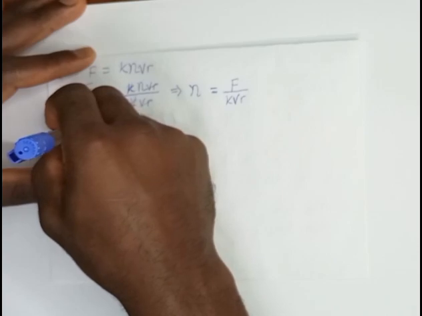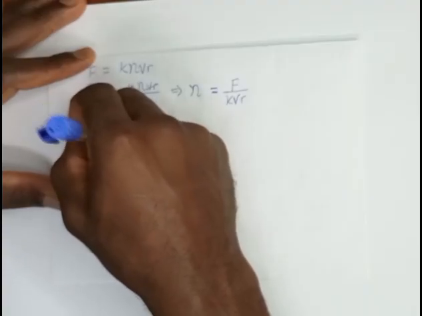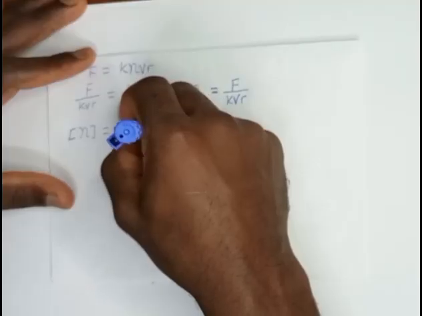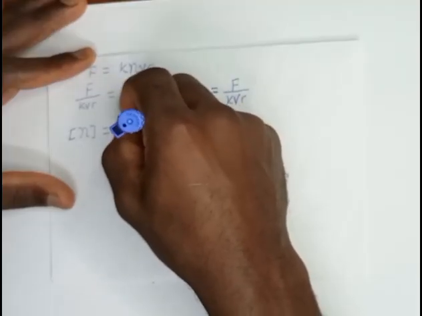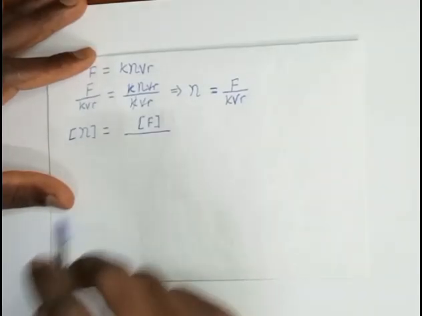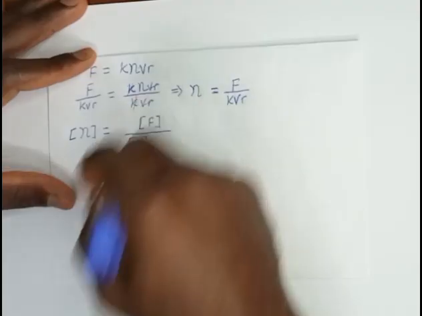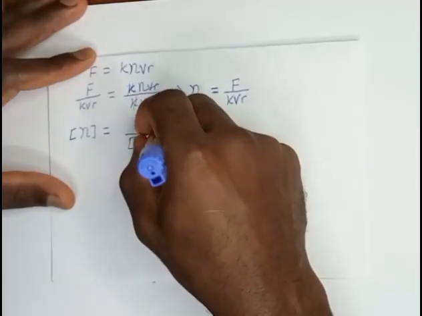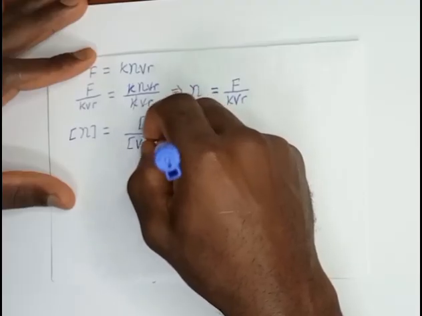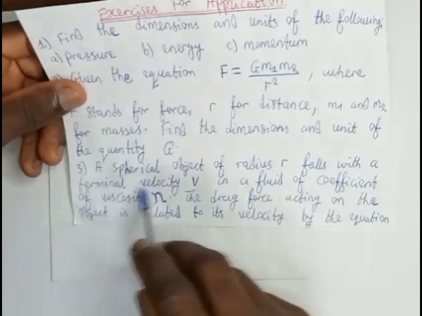It simply means the dimension of eta will simply be equal to, take the dimension of force, you divide by the dimension of, we are going to leave out K, because K is a dimensionless constant. We divide by the dimension of V times the dimension of R. Okay, from the question, we have been told that V is simply the terminal velocity.